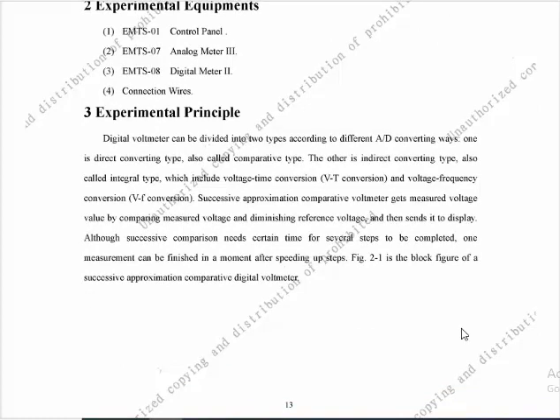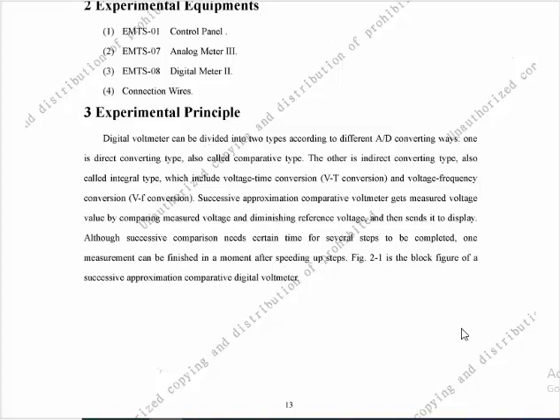Digital voltmeters can be divided into two types according to the different A/D converting ways. So this is the analog to digital converting ways. One is the direct converting type, also called the comparative type. The other is the indirect converting type, also called the integral type, which includes voltage-time conversion and voltage-frequency conversion.